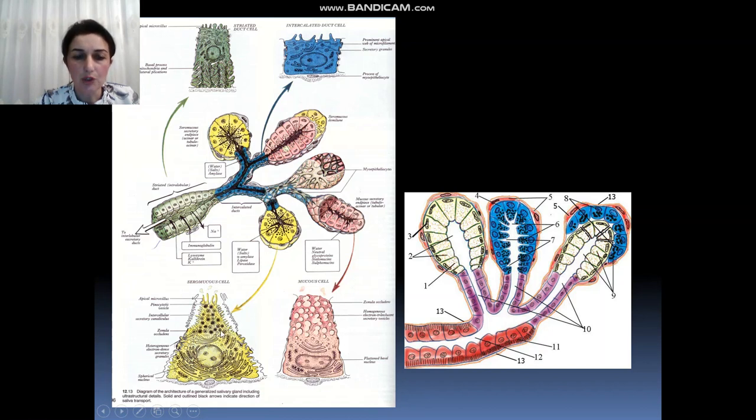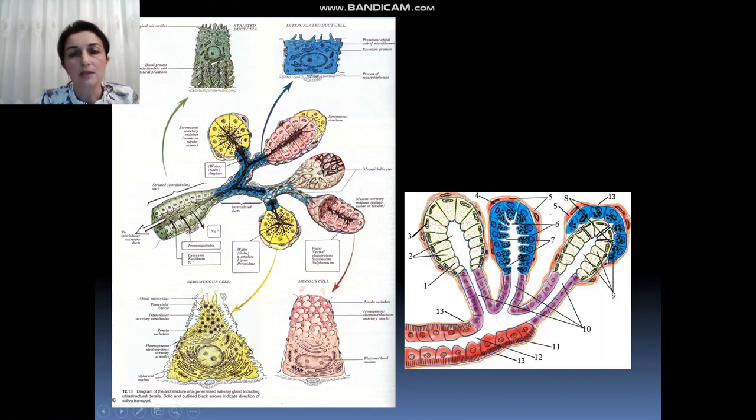In the apical portion, you will see secretory granules, which contain enzymes. What is the enzyme which is produced here? That is amylase, salivary amylase, or ptyalin. In small amounts, salivary lipase is also produced.